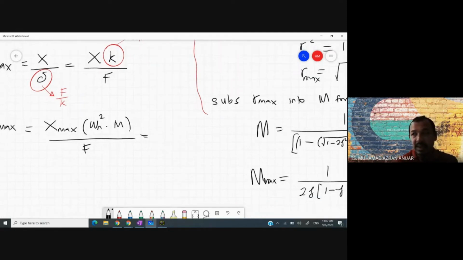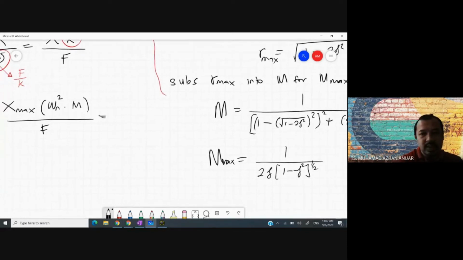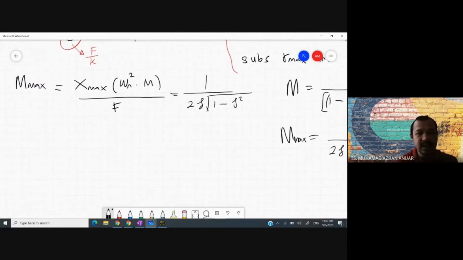This is basically equal to this one. Oh, I forgot to put zeta square here. So you get 1 divided by 2 zeta, multiplied by 1 minus zeta square. That is the M max expression.